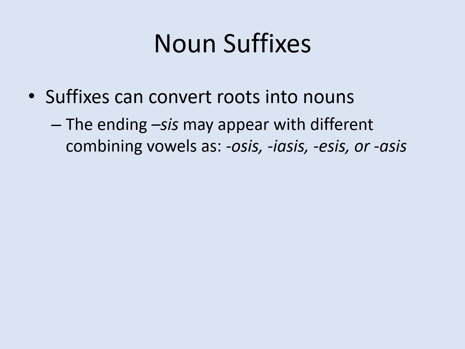Suffixes can convert roots into nouns. The ending sis may appear with different combining vowels: osis, iasis, esis, or asis.